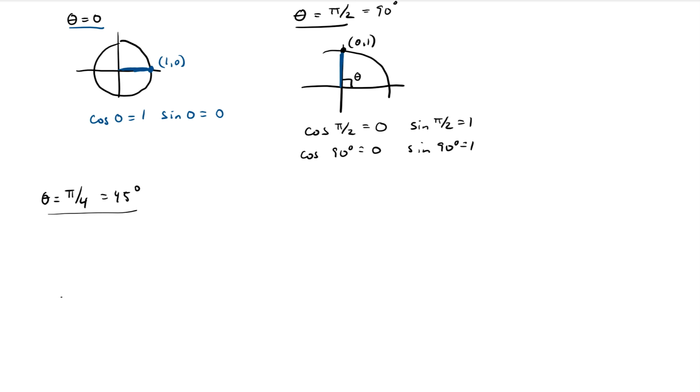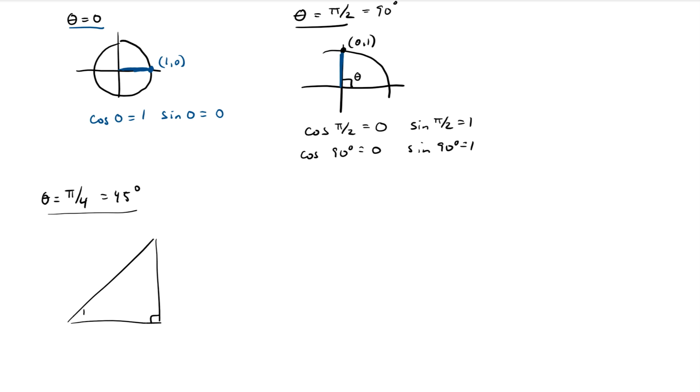On a right triangle with a 45 degree angle, you've got an isosceles triangle, because these two angles are identical, both pi over 4. Let's draw a bigger triangle.